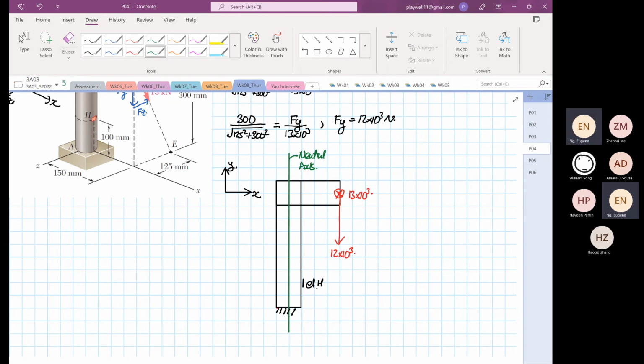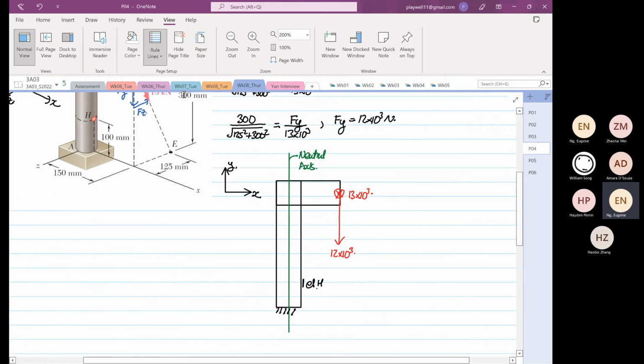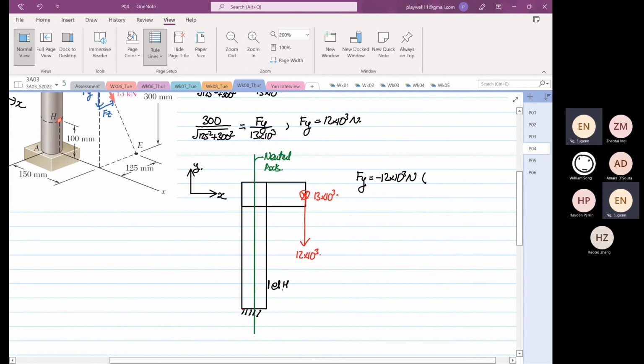From here, we know that there is an Fy, and Fy is equal to minus 12 times 10 to the power 3 Newton. If we apply the formula, stress Y is equal to Fy divided by A, so element H will be in compressive mode. Negative means compressive.